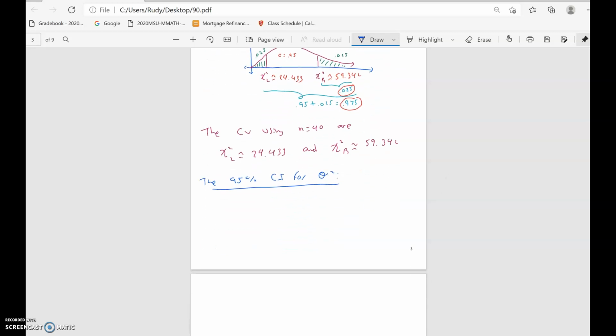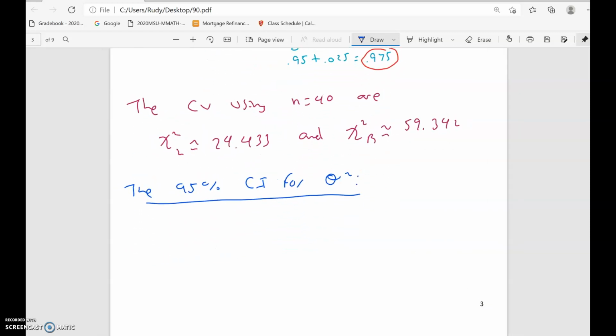So our sigma squared is technically bounded by the values of n minus 1 times s squared over the chi-square value on the left, and then n minus 1 times s squared over the chi-square value on the right.